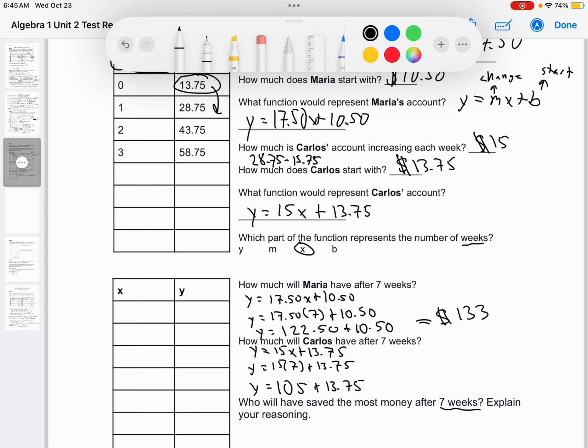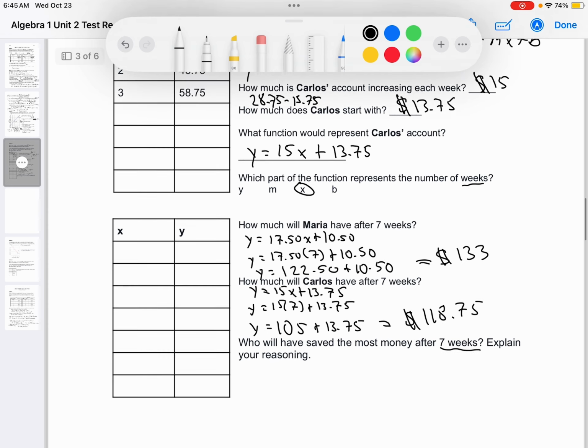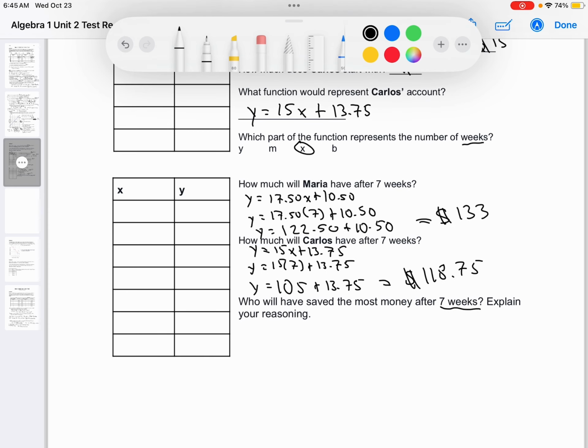So 105 plus 13.75 gives me $118.75. So Carlos has $118.75 after 7 weeks. Maria has $133 after 7 weeks. So we know that Maria has more.